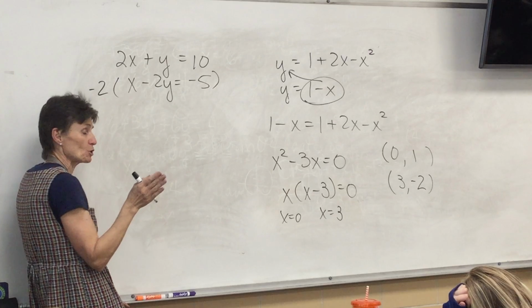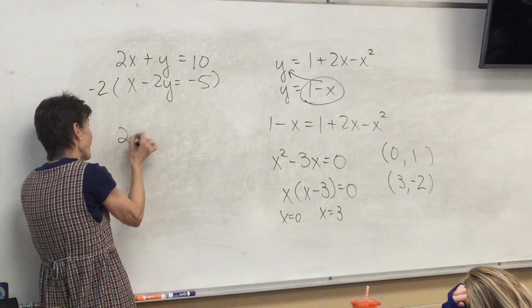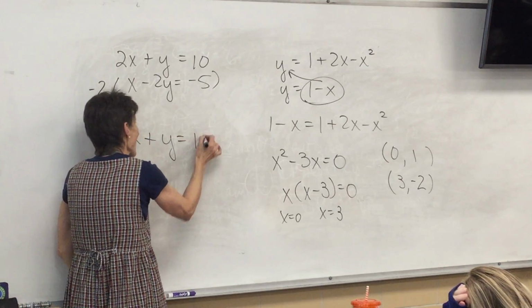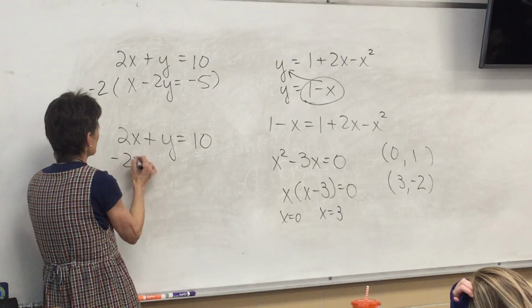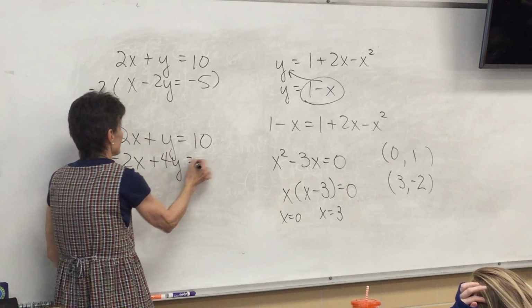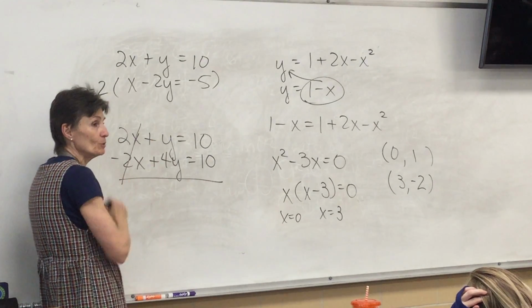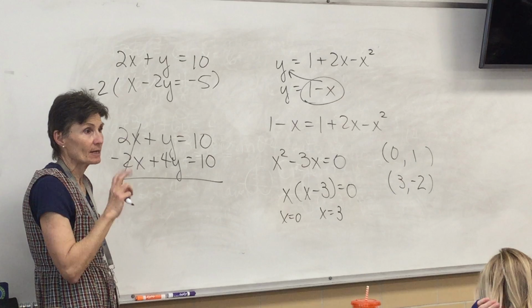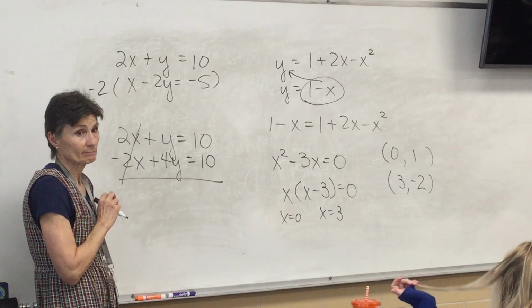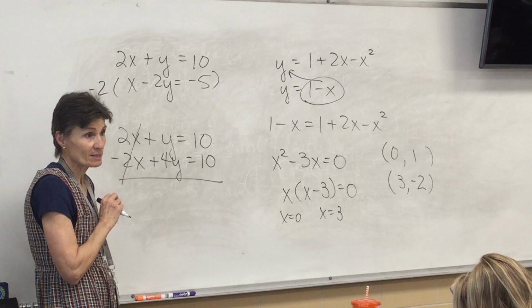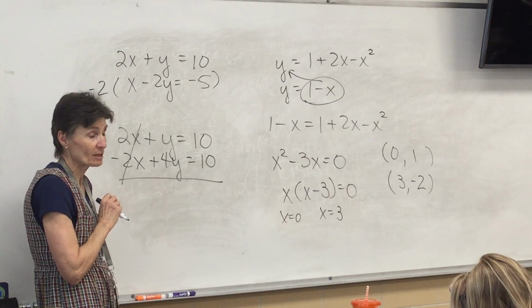Not the only option for sure, but does that create a situation where when I add, I lose a variable, I eliminate a variable? Remember this from like ages ago?